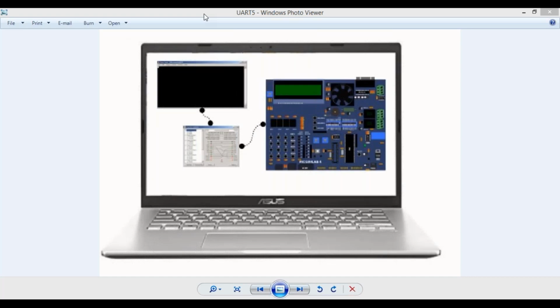So it's a kind of virtual connection, a virtual port pair we are using to connect PiximLab and our laptop, our system. Again, when I show you the demo, at that time you will get more clarity. Fine. So what is your question, Prakash?